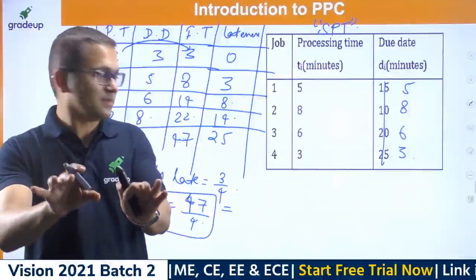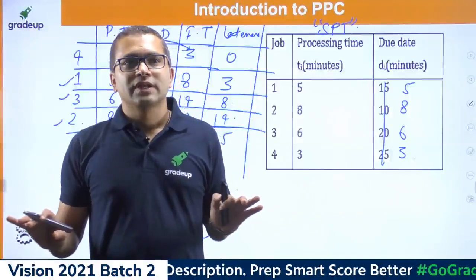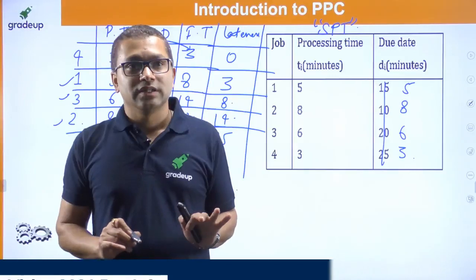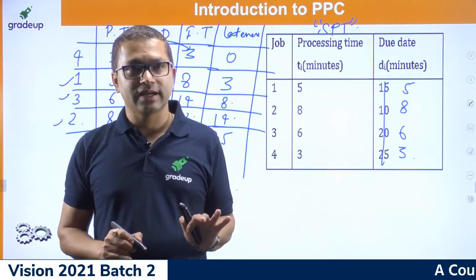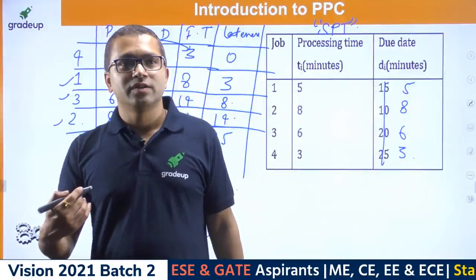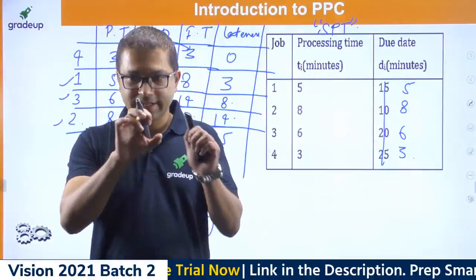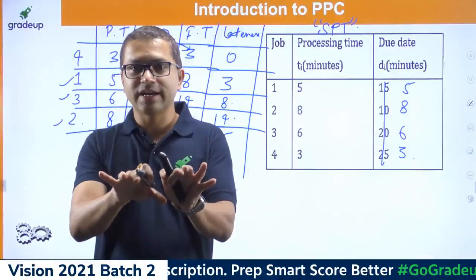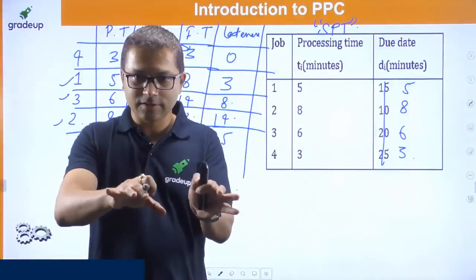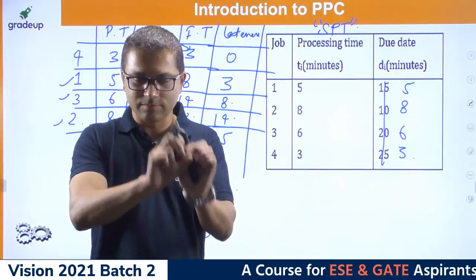Let me tell you the meaning of inventory. Anything that you store, anything that you cannot use is an inventory. If it has a lesser flow time, it means the time in the system is less. So all the times in the system are very less, which means obviously the inventory has to be less.